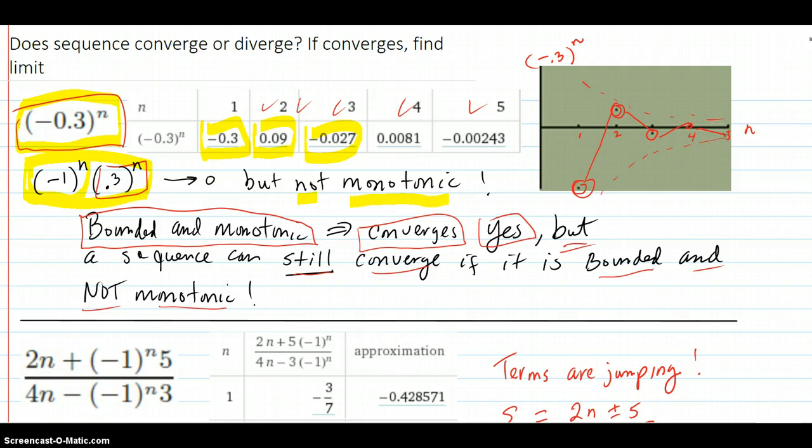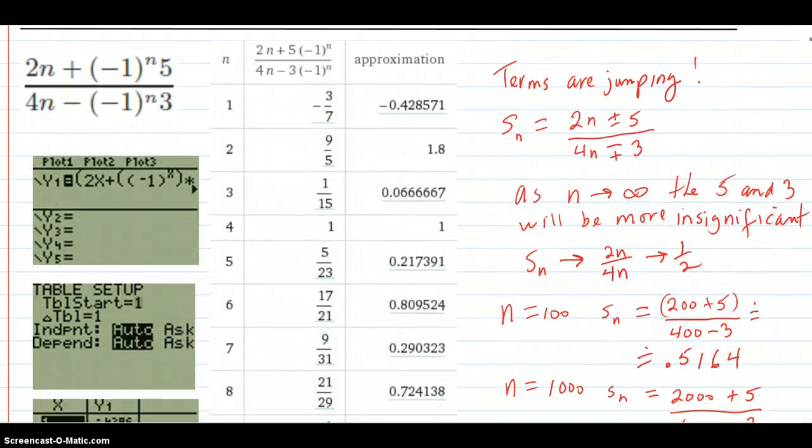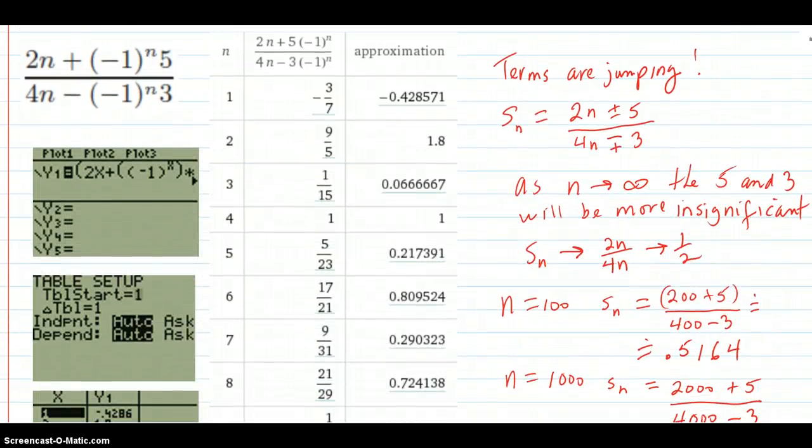Another example we have here is this one. It looks kind of wild, and in fact I put this into Wolfram Alpha, and the numbers are jumping around as the n increases, so you don't really know where they're going to go.